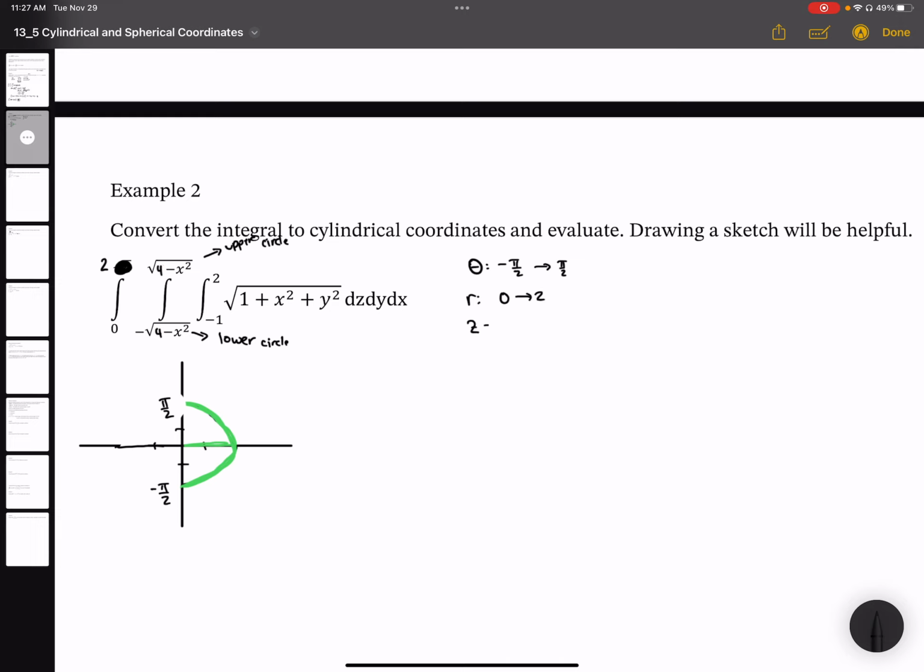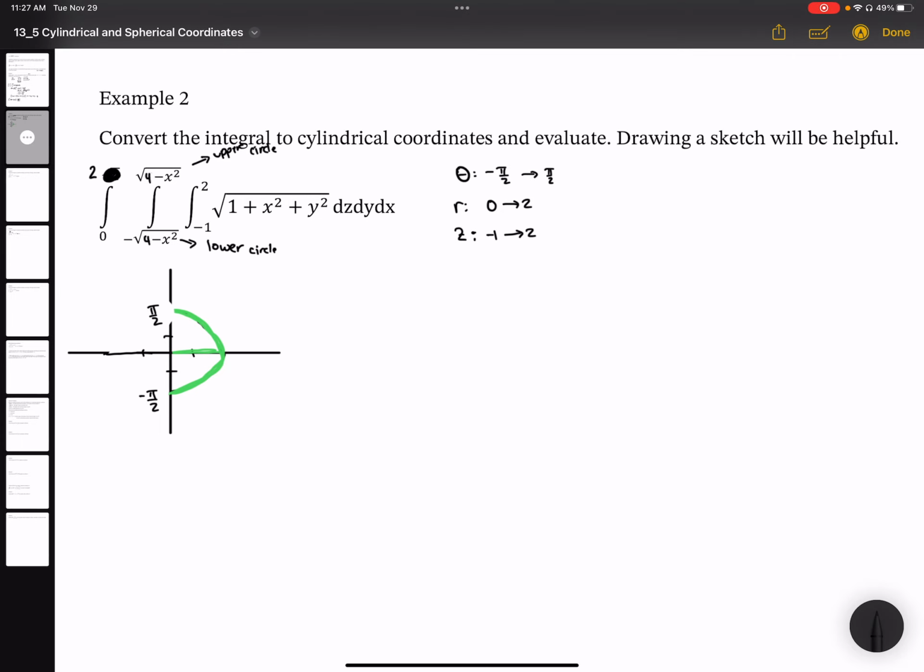And Z is the only one that generally never needs to change. That's from -1 to 2. That's because our height doesn't need to be parametrized in polar coordinates generally, other than converting the x and y's to r squared.